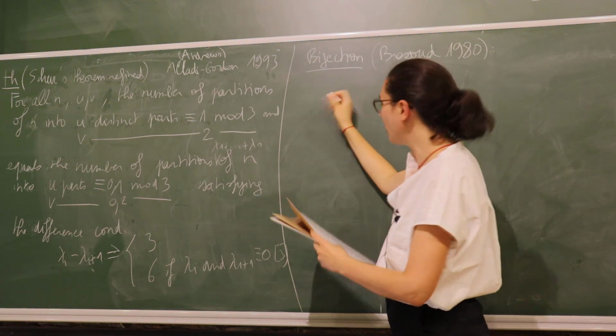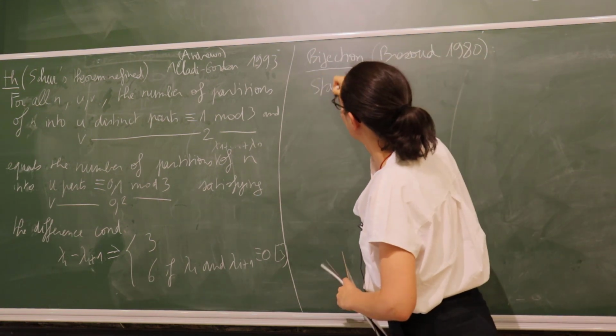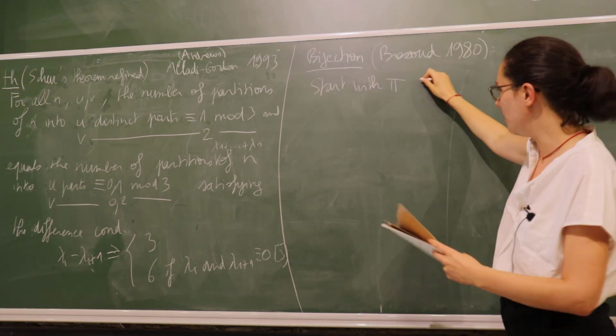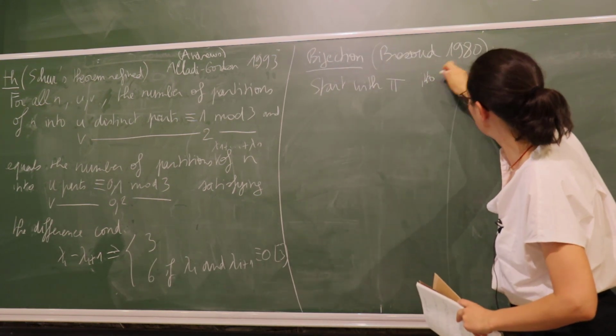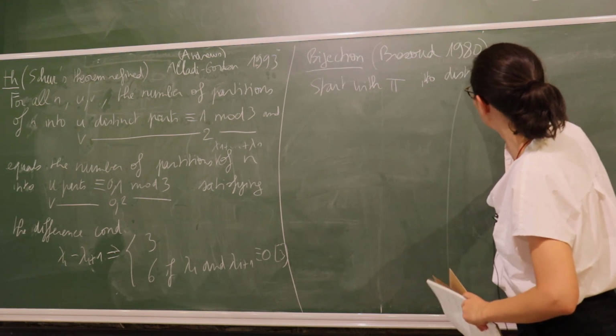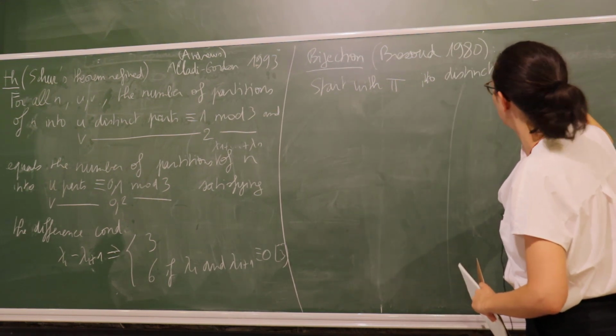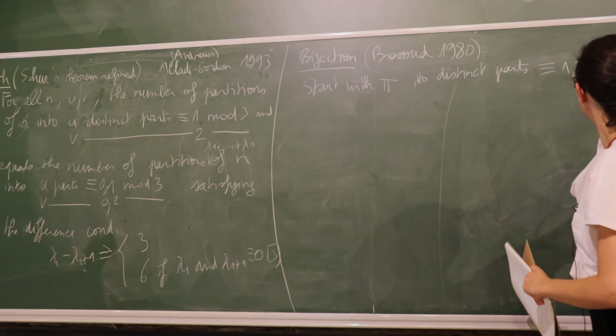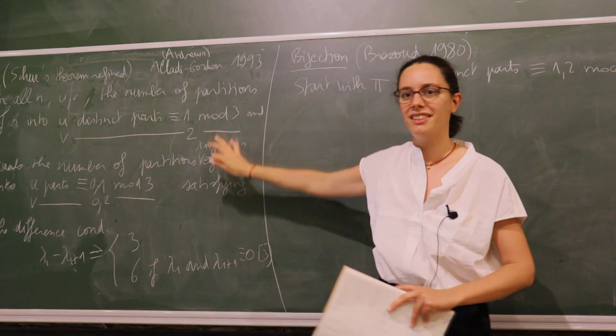Okay, so we start with a partition pi into distinct parts congruent to 1 or 2 modulo 3. So a partition of this type.